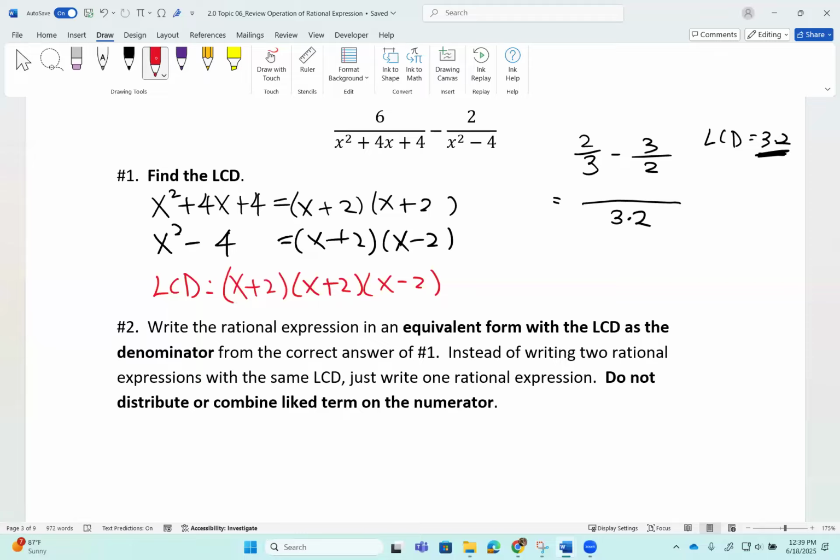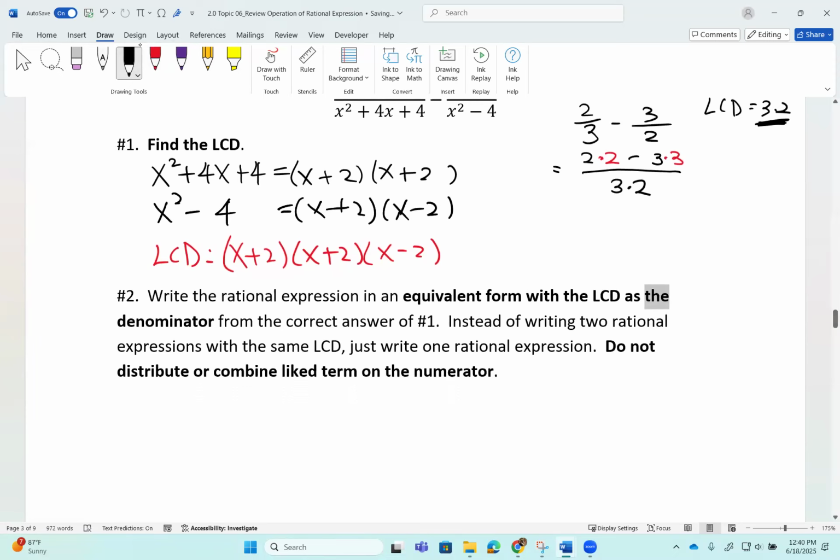So we take that 2 times my numerator, which is already a 2, minus. What does the LCD have that the second denominator is missing? The second denominator is missing a 3 compared to the LCD. So we take what's missing times the numerator, which is a 3. That's how we're going to write it out here.